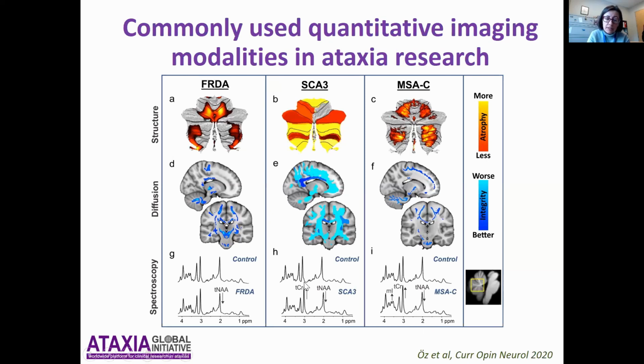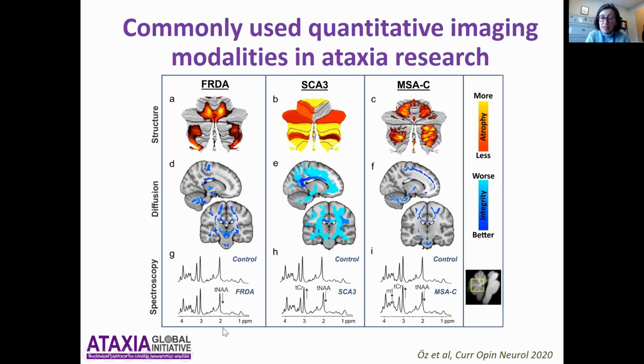The last one is MR spectroscopy, and that technique gives you concentrations of metabolites that are millimolar level or higher, the highly concentrated metabolites, the small molecules that give rise to an MR signal. And in all of these examples, you see changes.